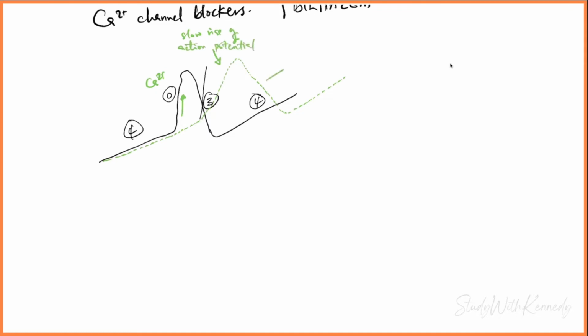And what you notice here is this dip. And we said our dip is always due to potassium. And this will be prolonged repolarization of the AV node.